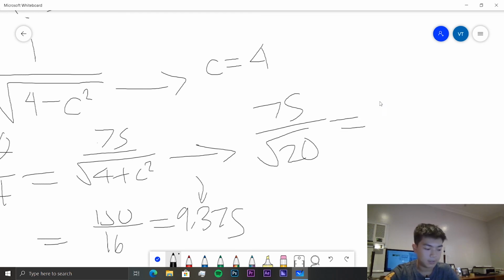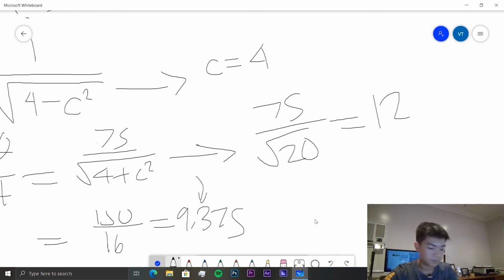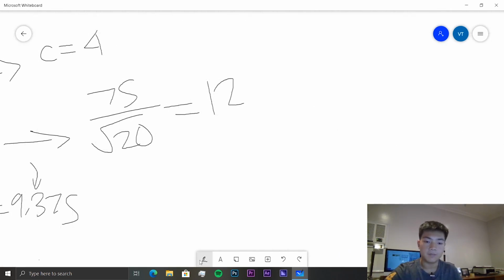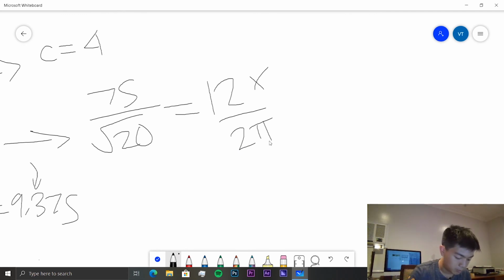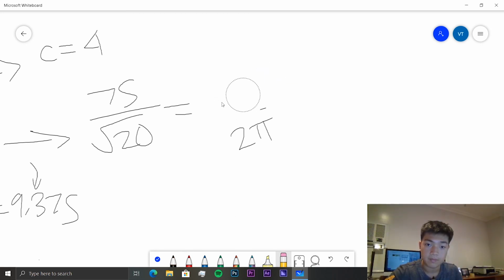So this is equal to around 12. And so what we simply have to do is multiply this by, divide by 2 pi. Is it 12? Wait, 75 over root 20 is equal to 16.7, 16.8.